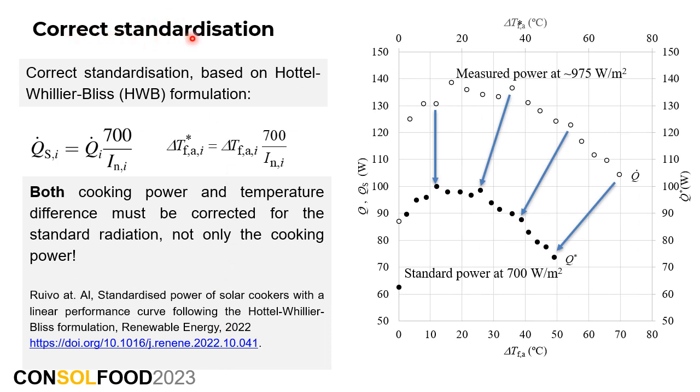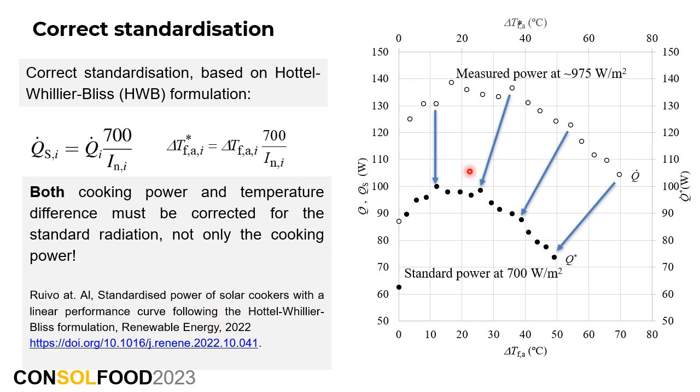Correct standardization. If we follow the well-established Hottel-Whillier-Bliss (HWB) formulation, then we find that both cooking power and temperature difference must be corrected for the standard radiation. Not only the cooking power, as the ASAE standard says, but the cooking power and also the temperature difference. All those formulation details can be found in this paper.